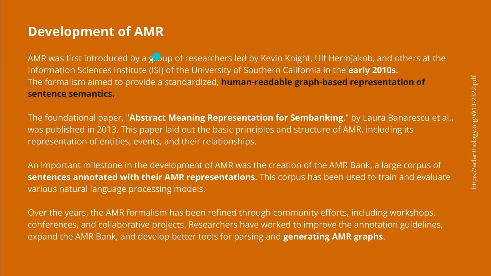And I learned, introduced by a group of researchers in the early 2010s, it is a standardized human-readable graph-based representation of sentence semantics developed by linguists before all the AI hype set in. And the most foundational paper is here, Abstract Meaning Representation for Embedding in 2013.